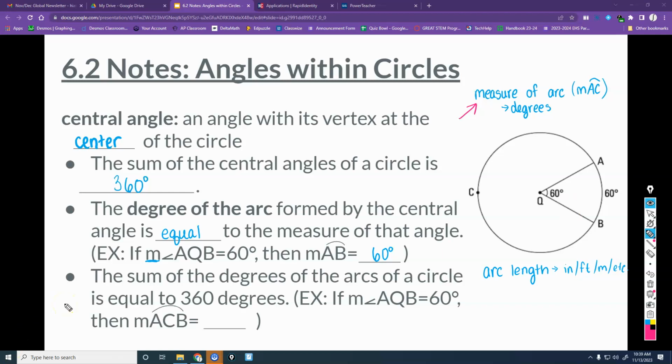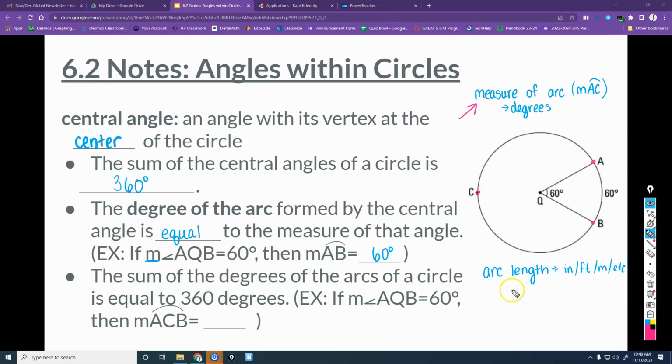This also means that if the sum of the central angles equals 360, then the sum of the arcs has to equal 360 as well, since they're equal to each other, right? So the sum of the degrees of the arcs of a circle is equal to 360. For example, if the measure of angle AQB is 60 degrees, like it is marked here, what is the measure of arc ACB?